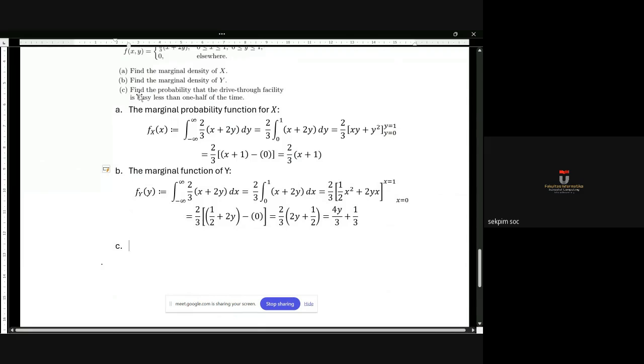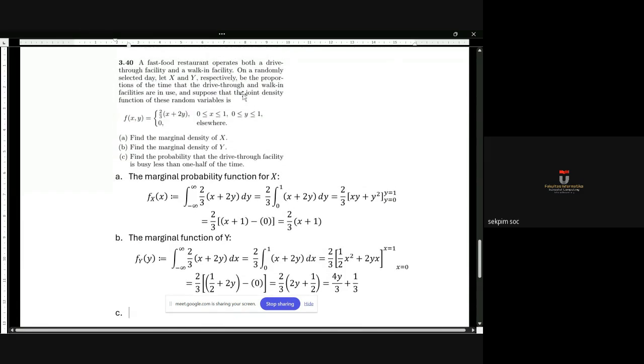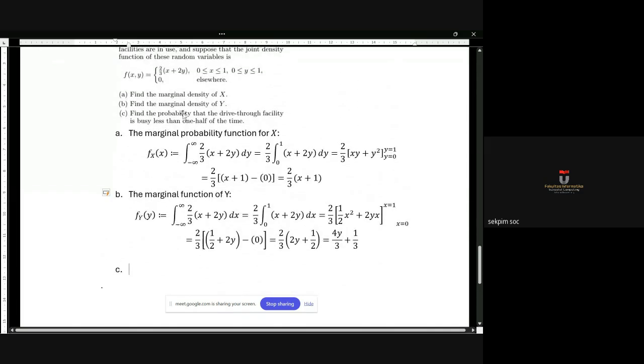And point C is to find the probability that the drive-through facility, which is X, right? And walk-in facilities is Y. So find the probability that the drive-through facility is busy less than 1/2 of the time.